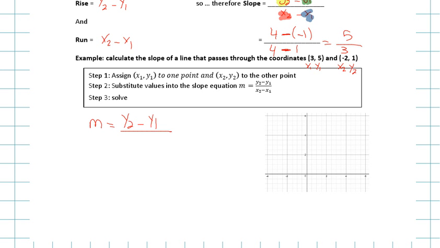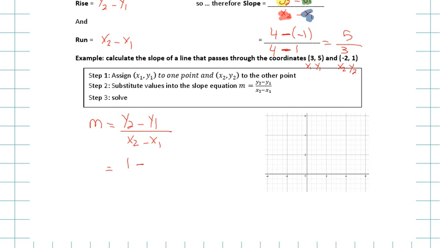Now all what I have to do is I have to sub in the values from these points. Nilfar, what is y2 equal to? One. Harry, what's y1 equal to? 5.